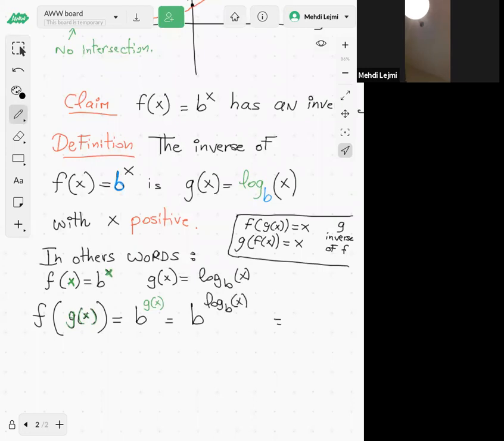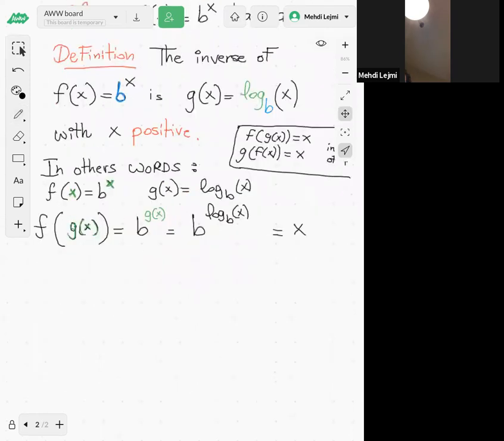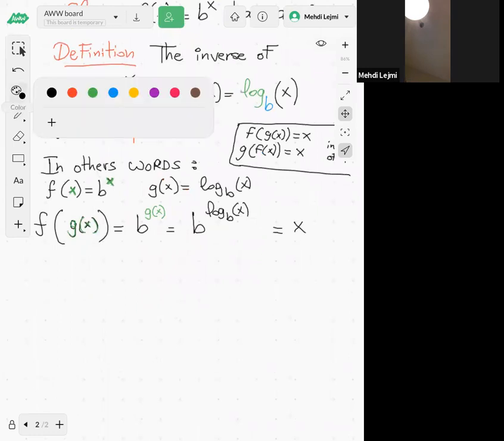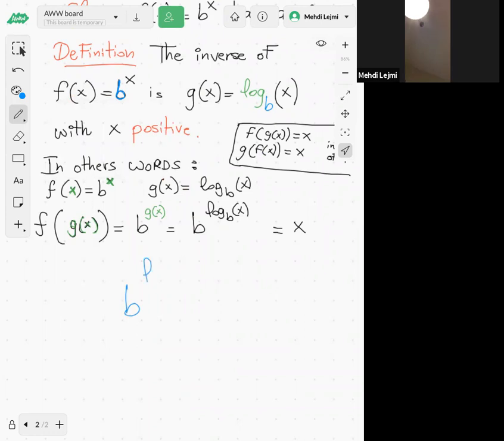And this is supposed to be equal to x, by definition of the inverse. f of g of x is equal to x. So what we are saying here, guys, is that the first identity is that if you have b to the power log in base b of x, that's supposed to be equal to x.